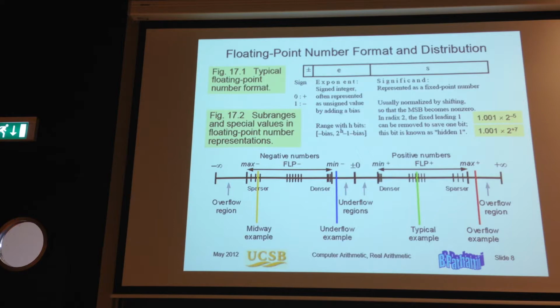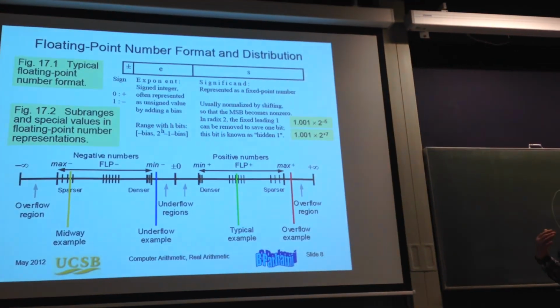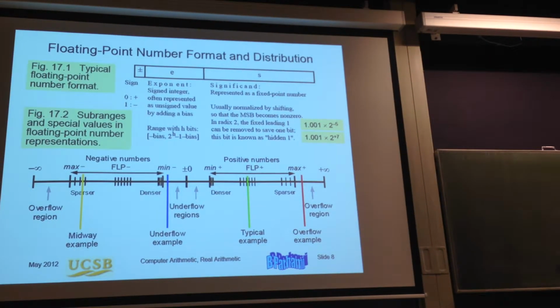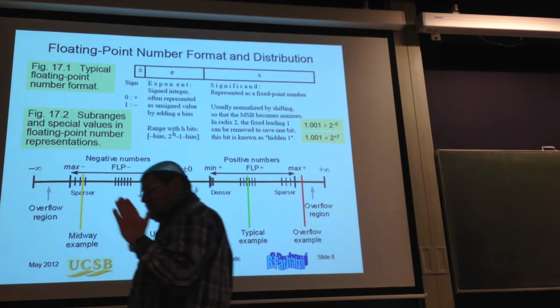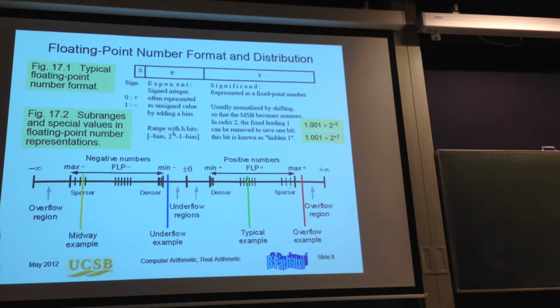Then, the number in floating point format will span over a word in my architecture, being it 32 bits or 64 bits or whatever. From that word, I take a piece, which is 1 bit, and I use it for the sign. And this is the sign of the number. It's positive or negative. And that's the first bit. Then I have an exponent.